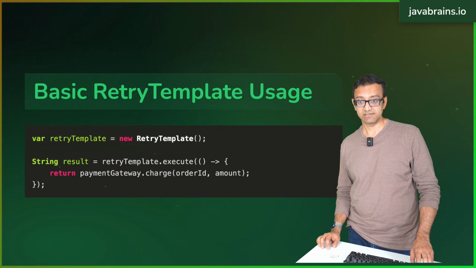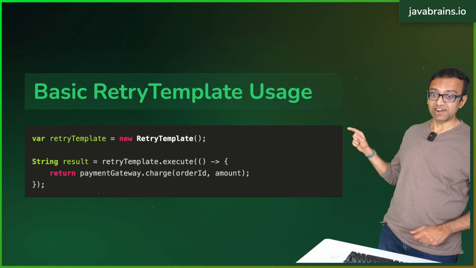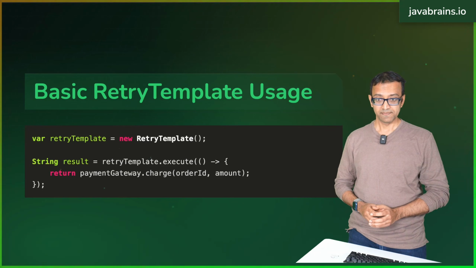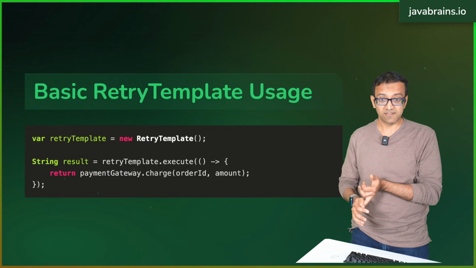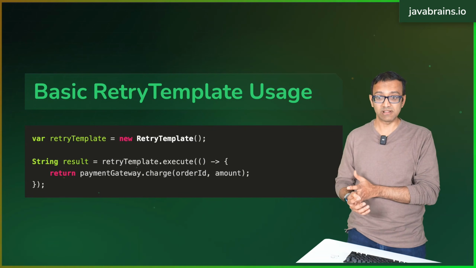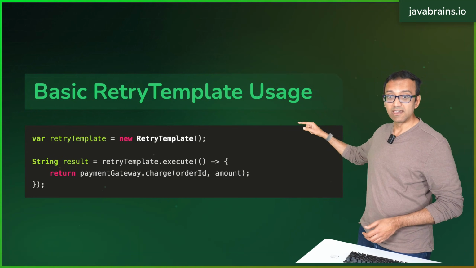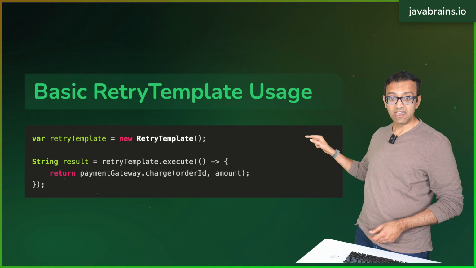So here's how it works. You create a new RetryTemplate, and then you say RetryTemplate.execute, and then you pass in a lambda. You can configure the RetryTemplate to say, okay, do this many retries, have this kind of jitter, have this exponential backoff, catch these exceptions and not these exceptions. Create a RetryTemplate, configure it all, and then use that RetryTemplate to say, execute this.